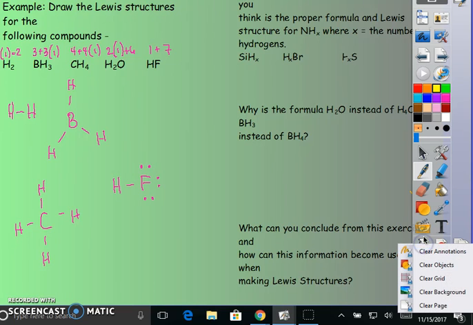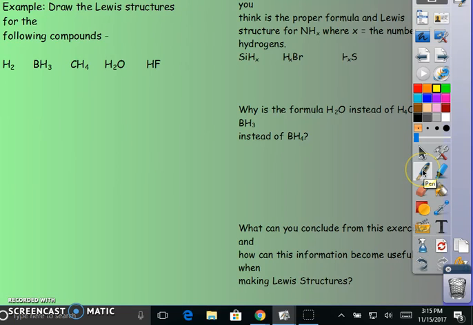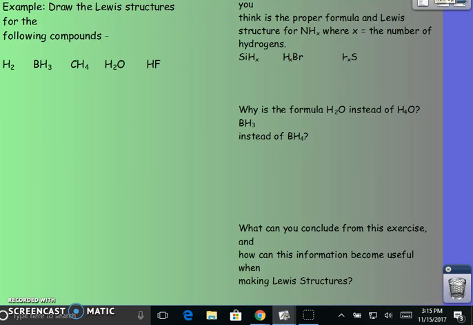You can tell that I've been doodling. We're going to draw the Lewis structures for the following compounds. And I thought it would be a great opportunity for us to take a commercial break, and you try to draw these, and then I will draw these, and we'll compare notes. So give it a try.